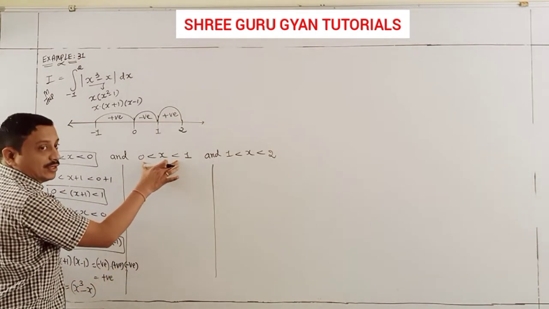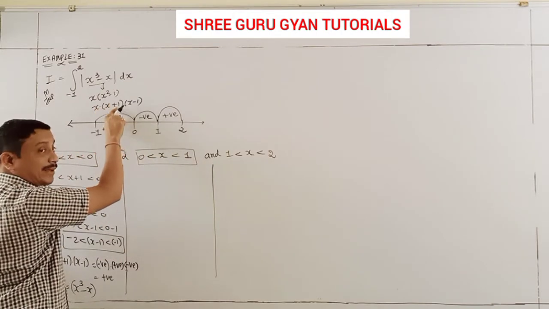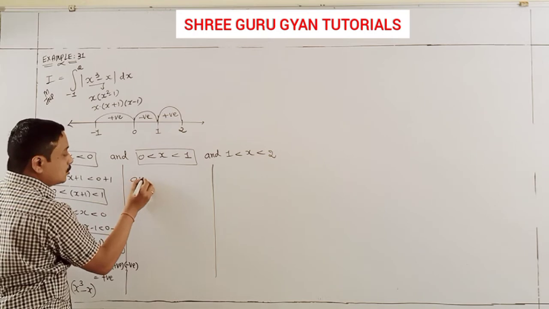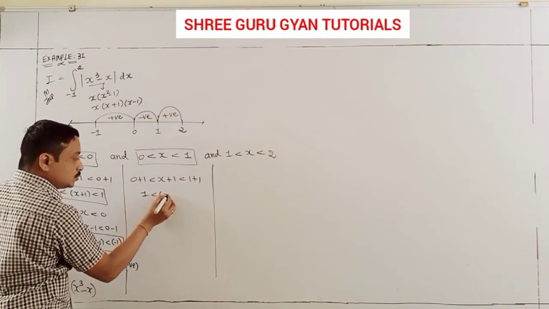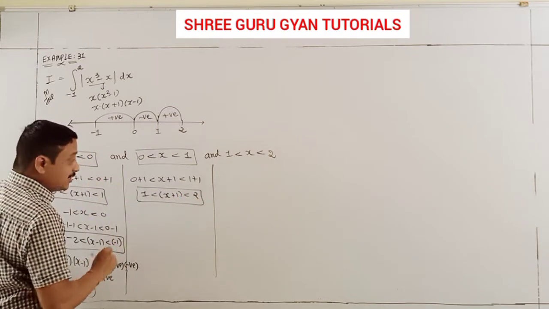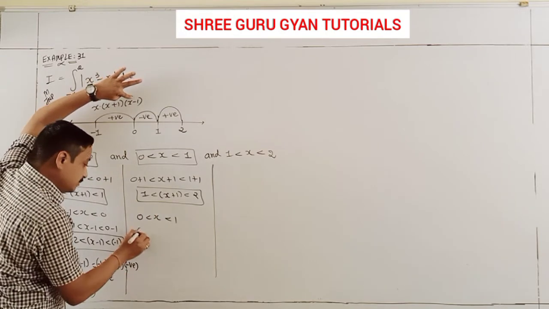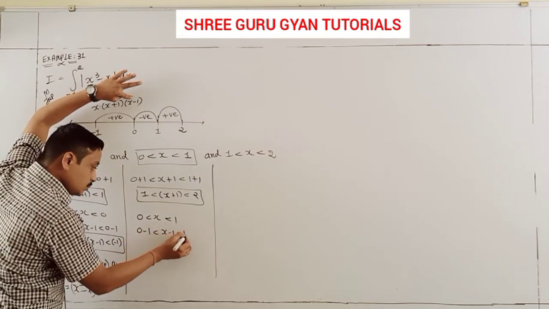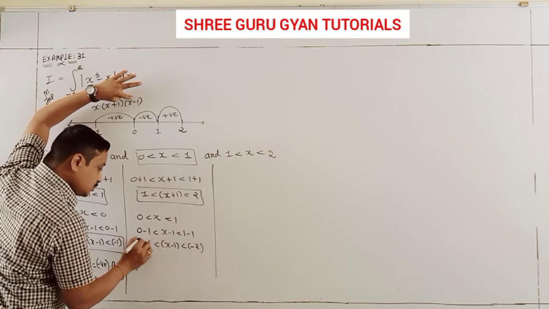Now here 0 to 1, already x. Now I prepare x plus 1, so plus 1, you can get here numbers positive. Again I explain, but I want now x minus 1, so students, minus 2.